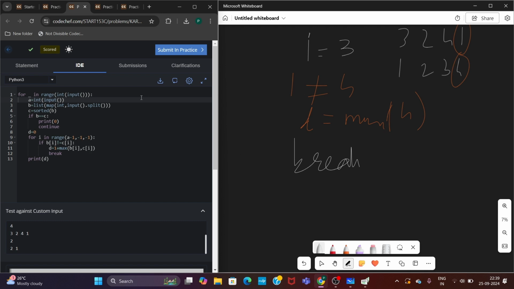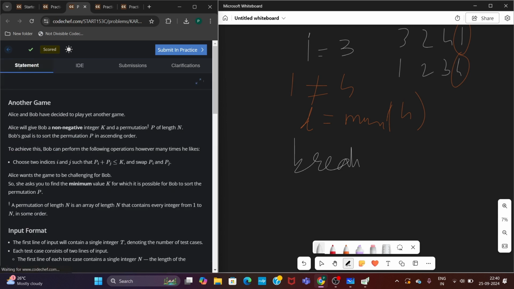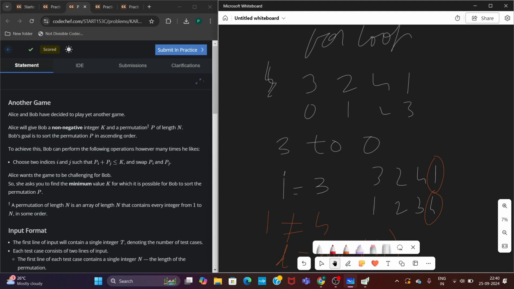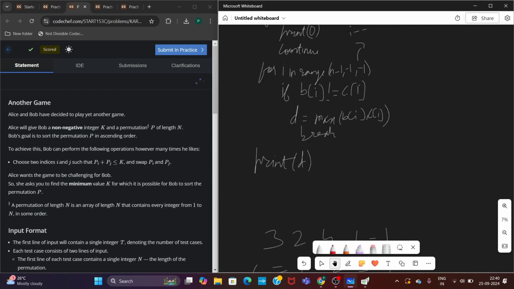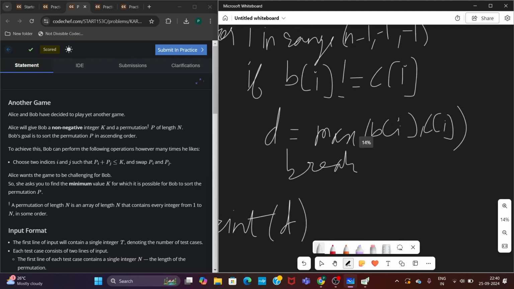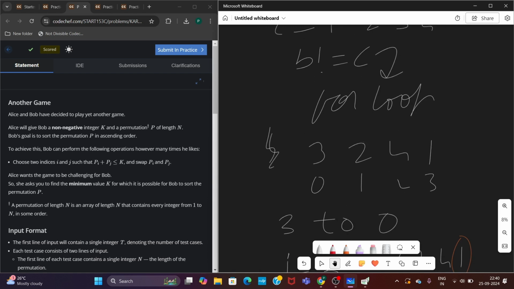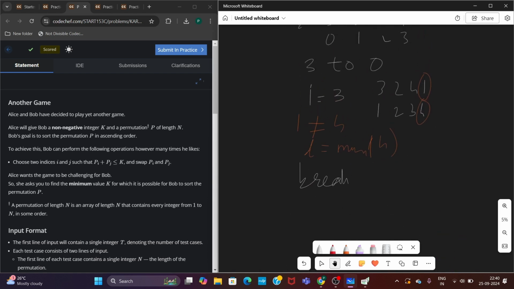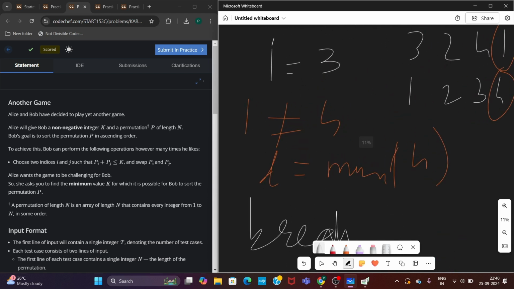I forgot to tell you one simple condition over here. I just missed one condition of adding 1. We will simply add 1 to it. So in this d, we have 1 plus the maximum of 1 comma 4.